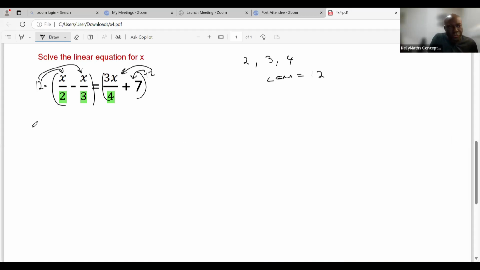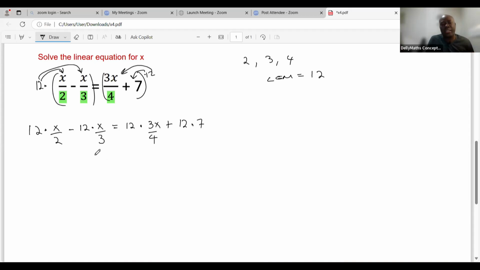So I'm going to have 12 times x over 2 minus 12 times x over 3, and this is equal to 12 times 3x over 4 plus 12 times 7.